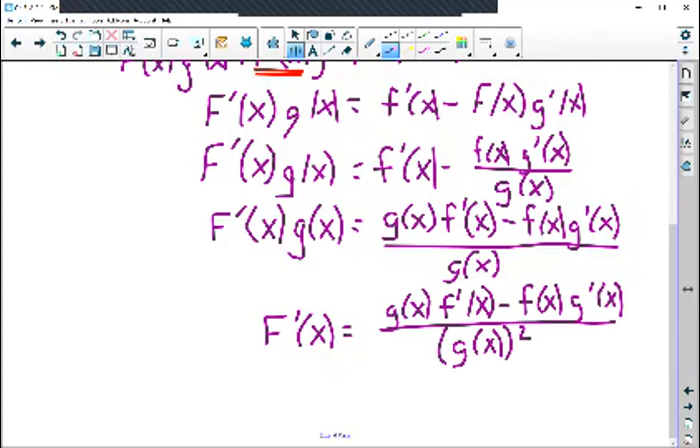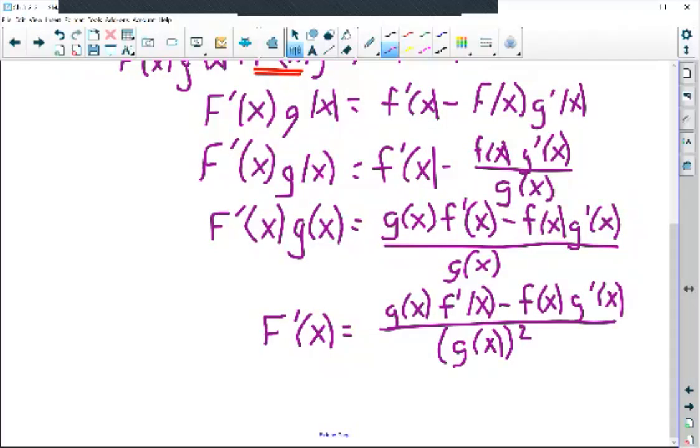And we have our definition for the derivative of a quotient of two functions.